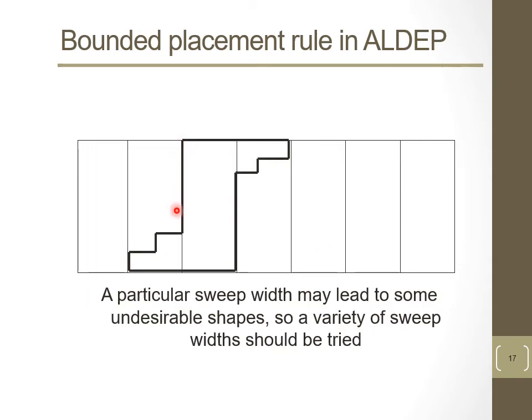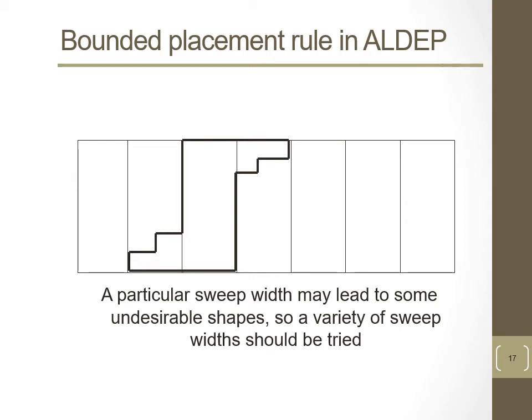This is another example of a departmental shape. We may end up with such a department. You see the number of corners, this one plus this one plus this one. The number of corners is too much, and such a departmental shape can be impractical.